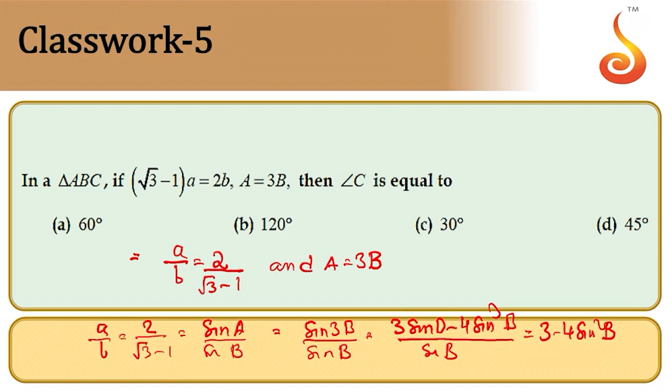I'll take another one, please write down, then I'll move further. So we get sin square B equal to 2 minus root 3 by 4.